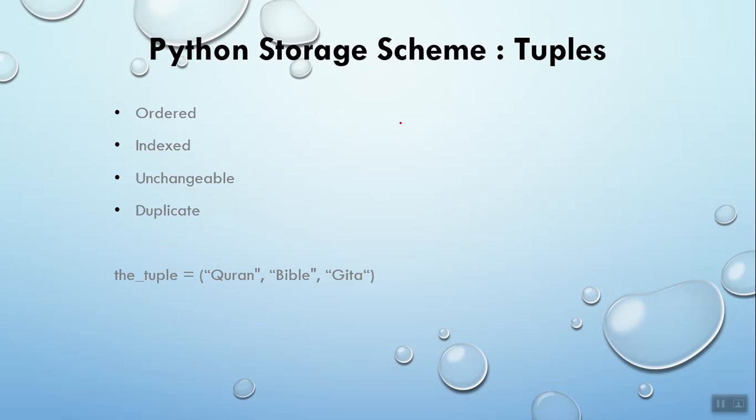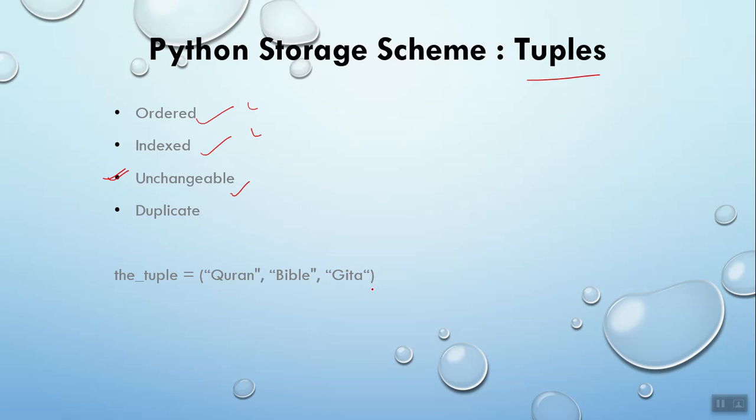Then we have Python storage schemes with tuples. Tuples are different from lists. They are ordered and indexed, both things the same as in a list, but they are unchangeable. This is the main thing. Unchangeable means that once it is defined, you can never change the value.